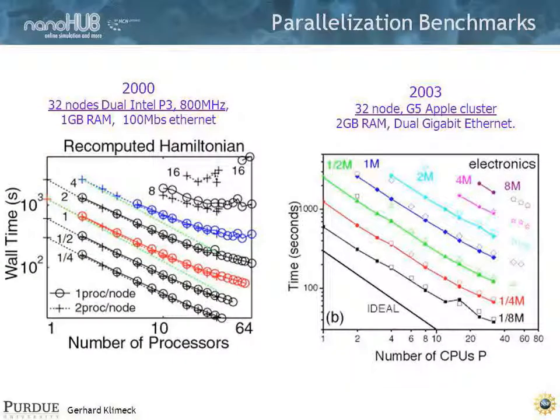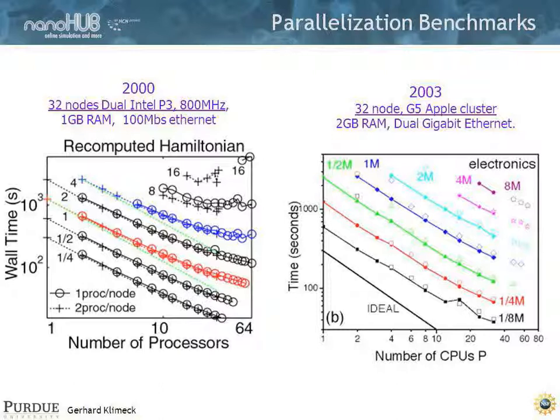So the first scaling results here are the second scaling results in the sense I don't have the really old results on these slides. In 2000 we ran on a dual Intel Pentium 3 up to realistically more like 4 million atoms, up to 64 cores, and what I'm showing here is wall time of a benchmark. So wall time versus number of CPUs on a log-log scale.